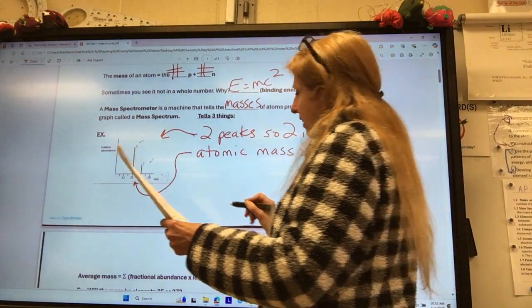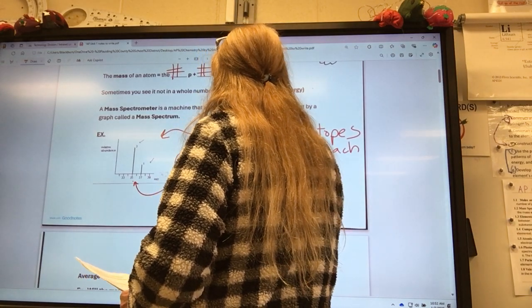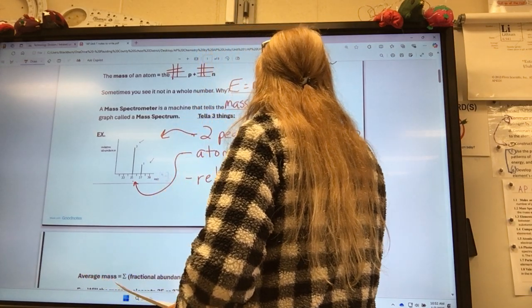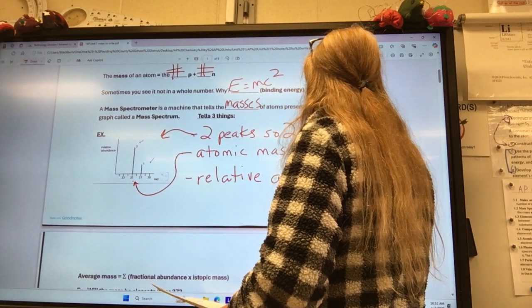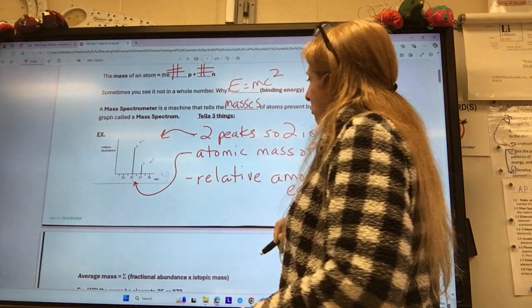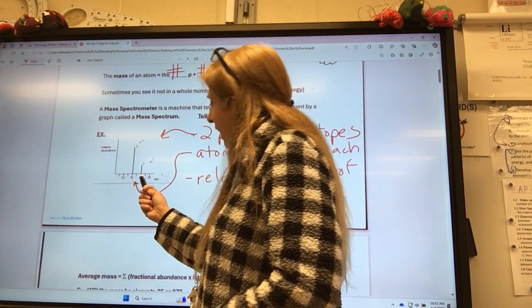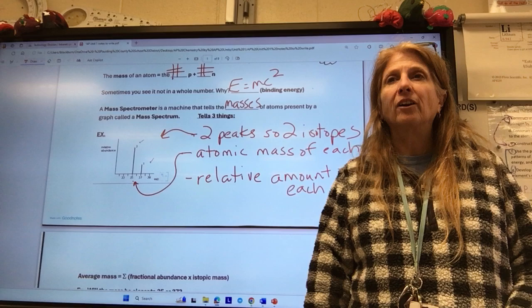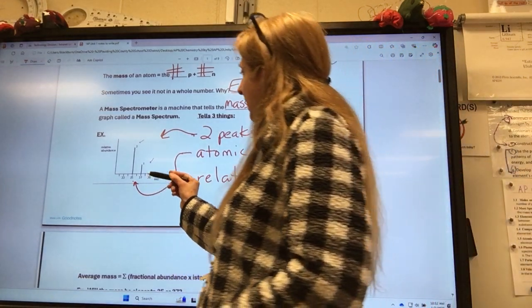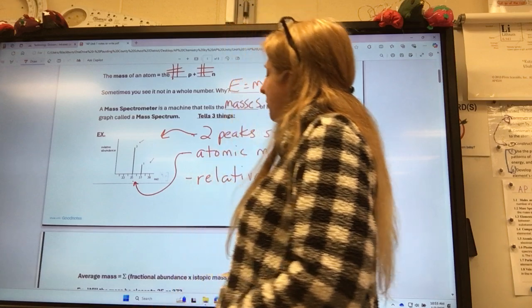And the last thing it tells us is the relative amount of each. So which one has more naturally occurring isotopes? Isotope number 35 or 37? 35, because you can see that its peak is 3 times as big as the first peak.